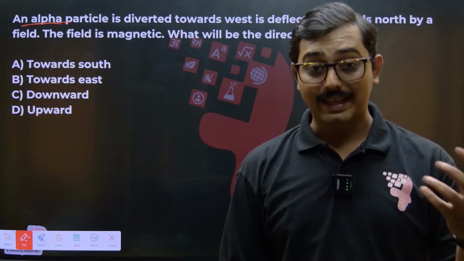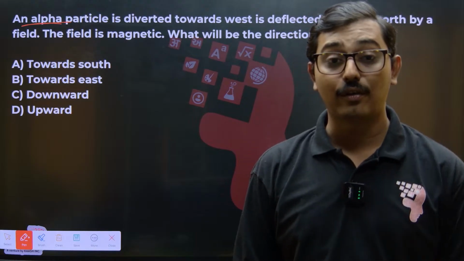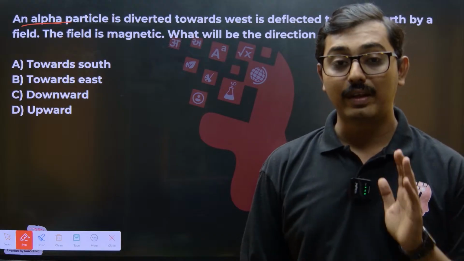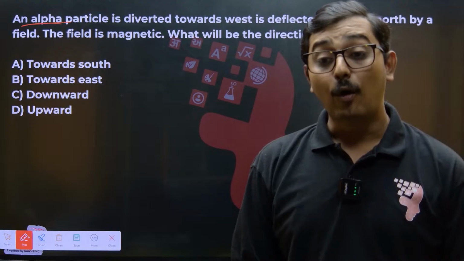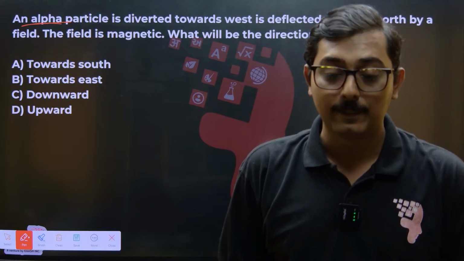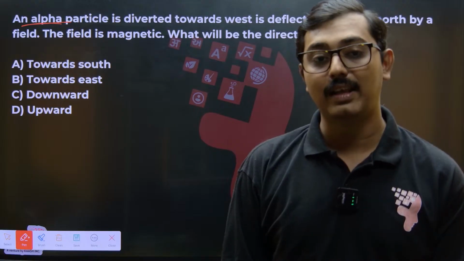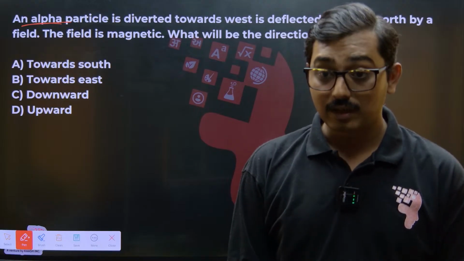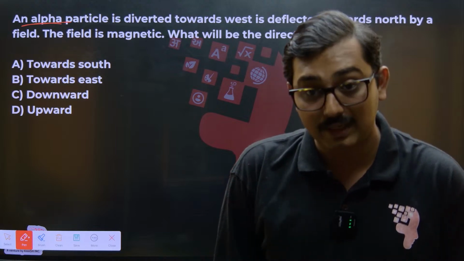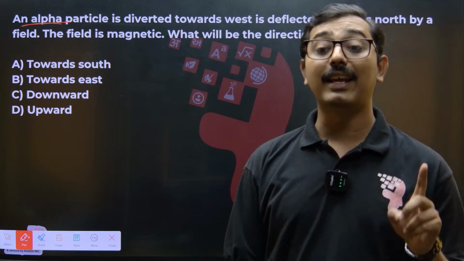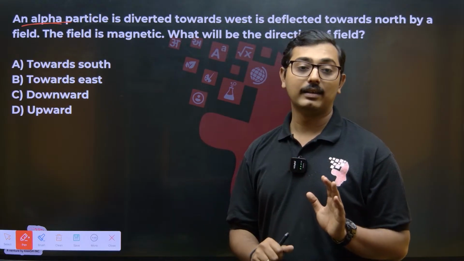If it were an electron, then whatever is the direction of flow of the electron, opposite to that is the flow of current. But as it is an alpha particle, which is positive in nature, whatever is the direction of flow of the alpha particle, that is the direction of current.